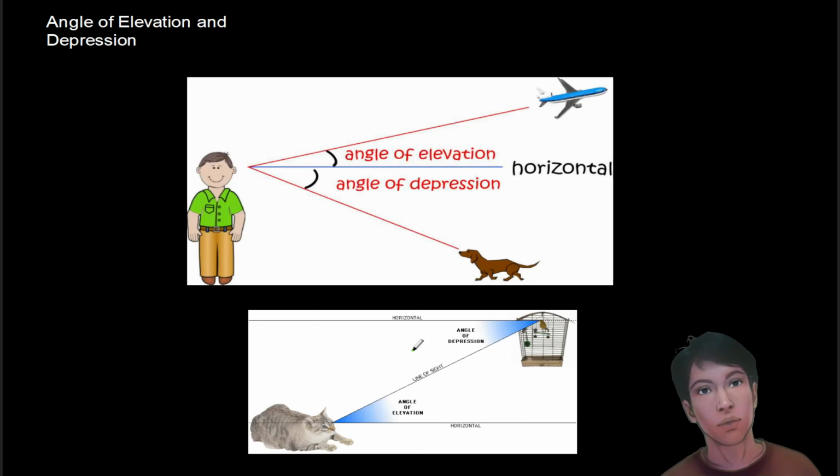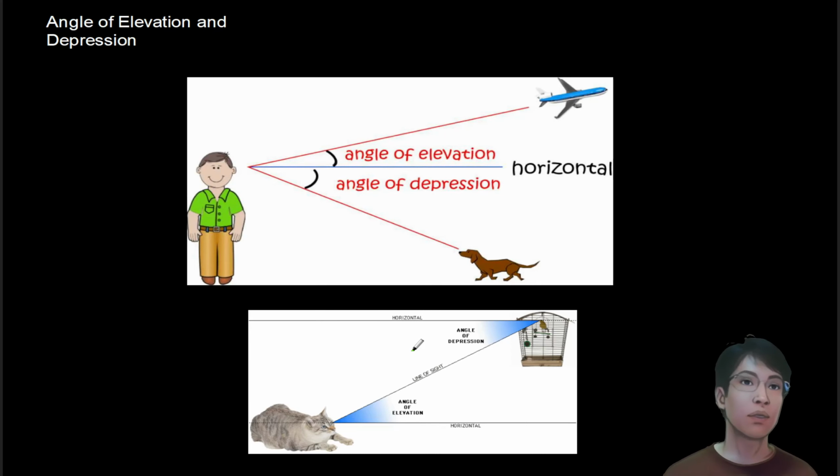Now, we are on a new topic, angle of elevation and depression. From the figure, we can see that this is the observer and this is the horizontal line. So the angle of elevation is like this, and angle of depression is like this.